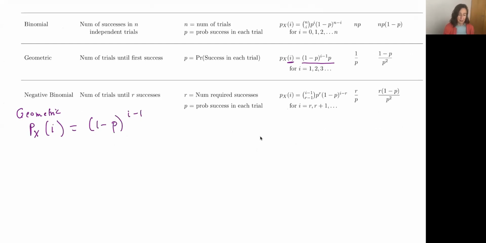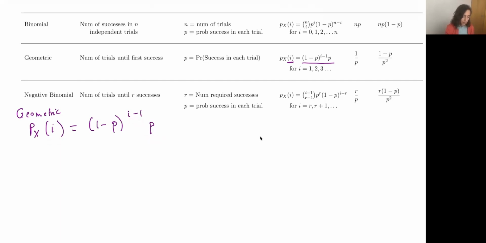And really, this is a pretty simple PMF to understand, because the event that the geometric random variable talks about has only a single outcome in it. We're asking what's the probability that the first success comes in the ith trial. There's only one outcome associated with that, and it is i minus 1 failures followed by 1 success.